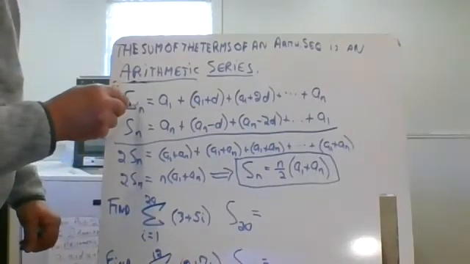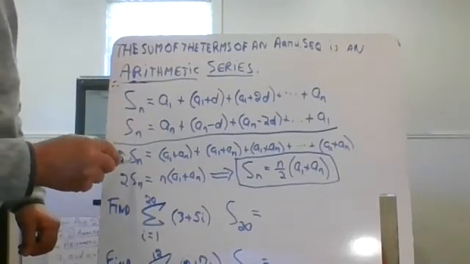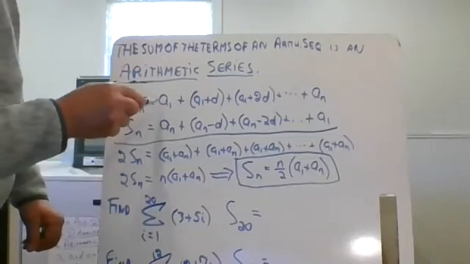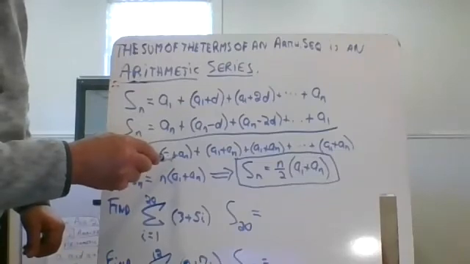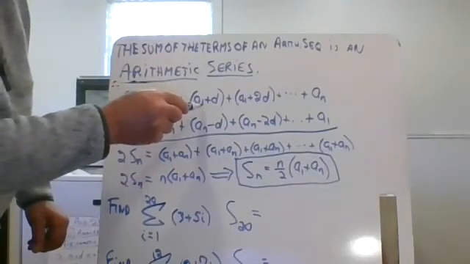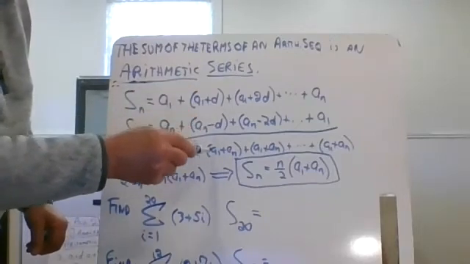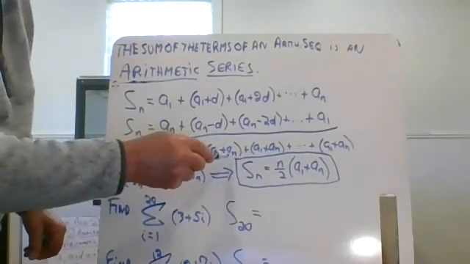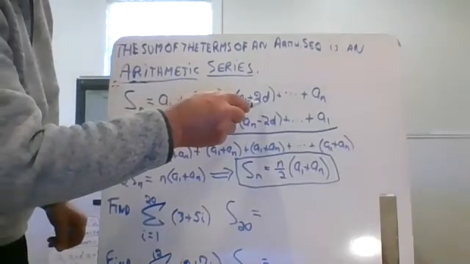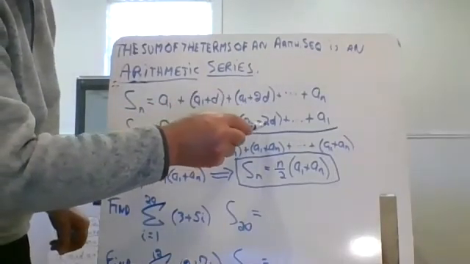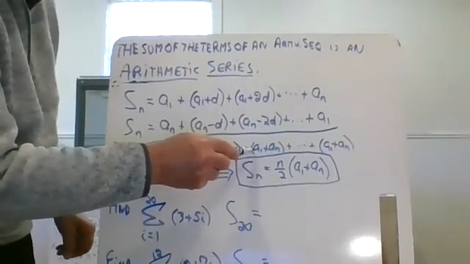And now we're going to add these two up. And that would give you 2 S sub n. And what would it give us? It would give us A1 plus A sub n, plus A1 plus D plus A sub n minus D, and that gives you A sub 1 plus A sub n. And then A sub 1 plus 2D with A sub n minus 2D, and that gives you A sub 1 plus A sub n.